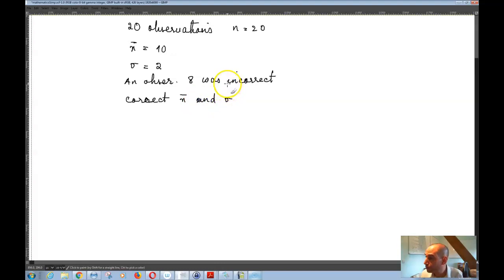Calculate these two in each of the following cases.